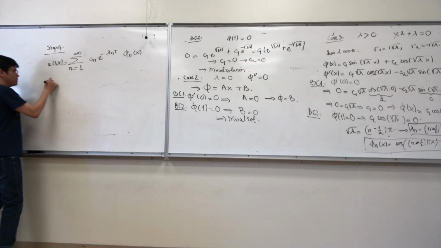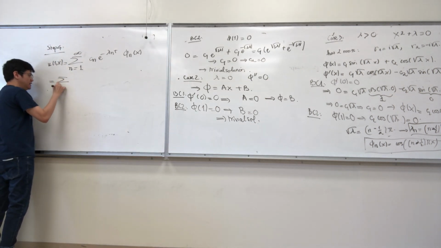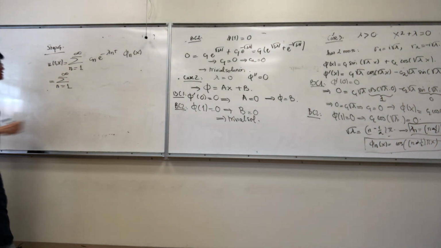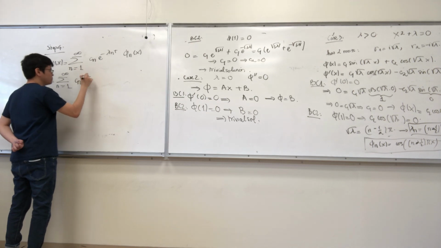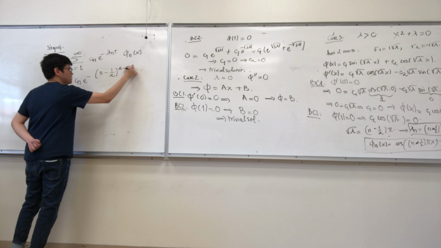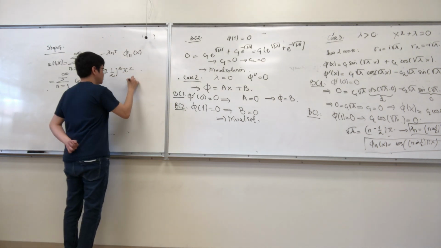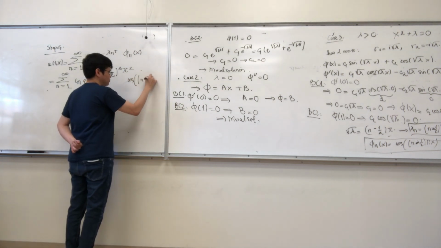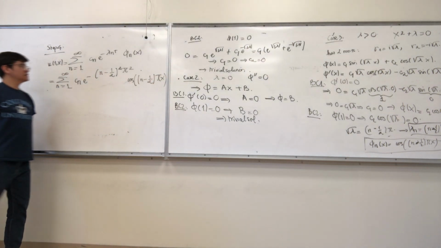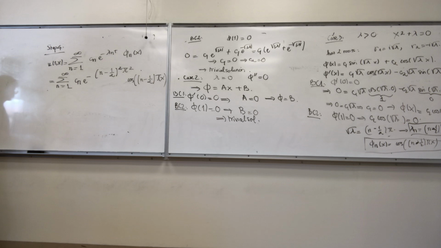Now I'm going to replace lambda n, and I get the sum when n is going from 1 to infinity of Cn e to the power minus n minus 1/2 squared pi squared t, cosinus of n minus 1/2 pi x.